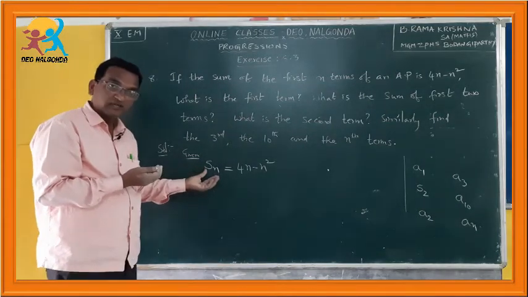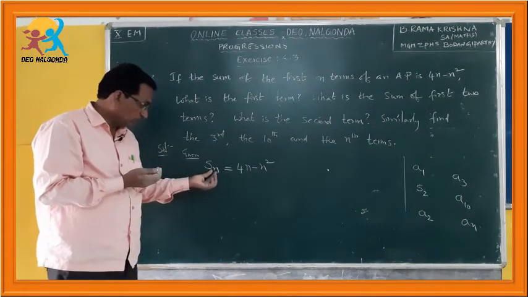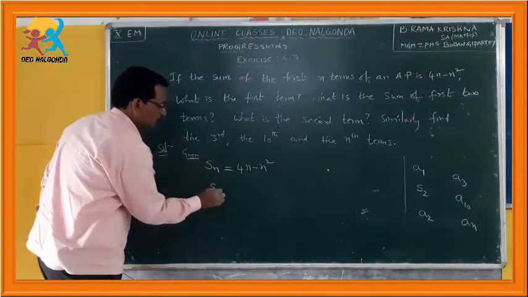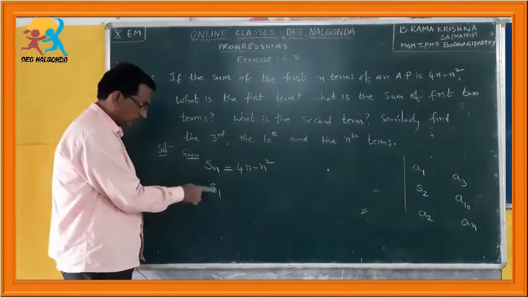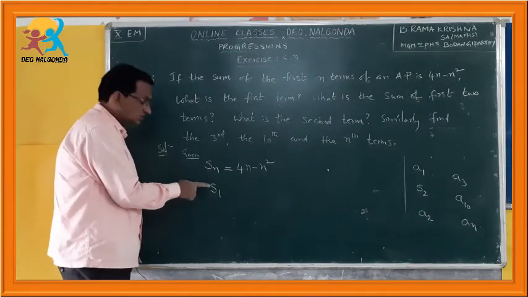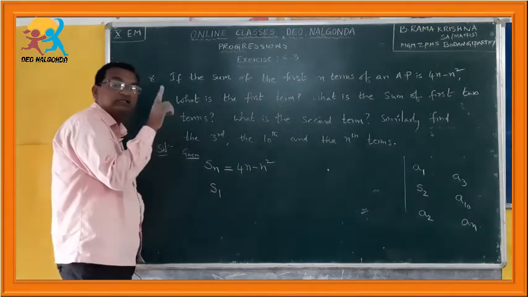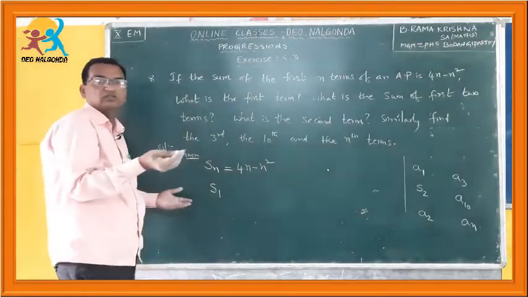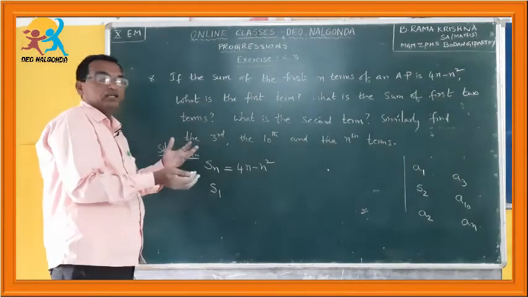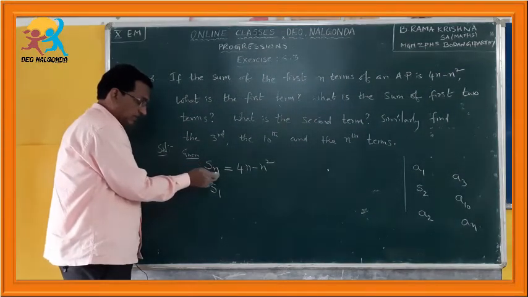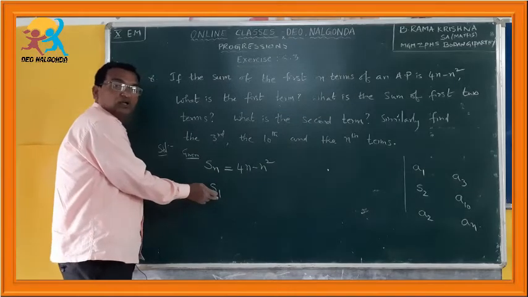Similarly, if I replace n with 1, what does this mean? Sum to one term. One term means the first term itself. There is nothing to add. But if in the formula Sn, n is replaced with 1, what do you get?